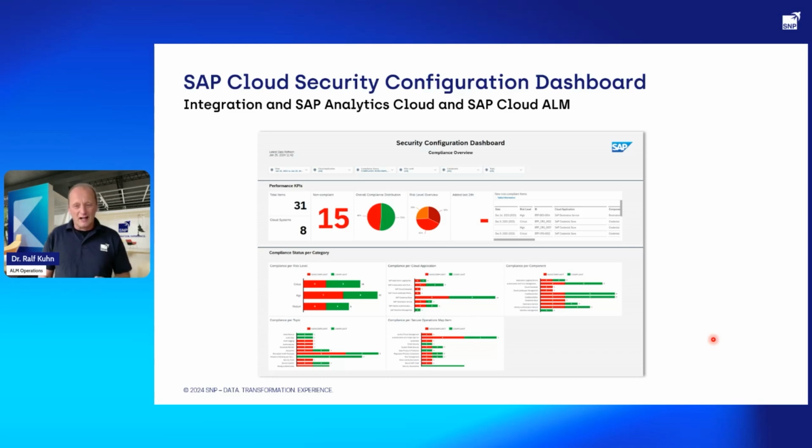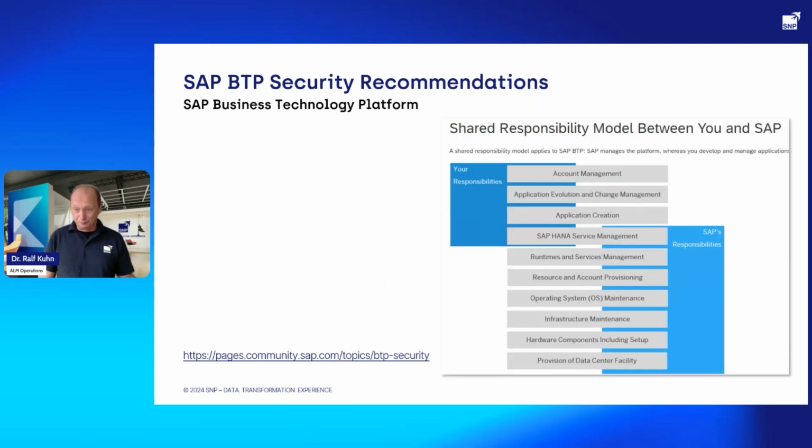So regarding cloud and security, the tip of the iceberg, or better, let's say its basis below the surface, are the BTP security recommendations indicated here with this screenshot on the slide.